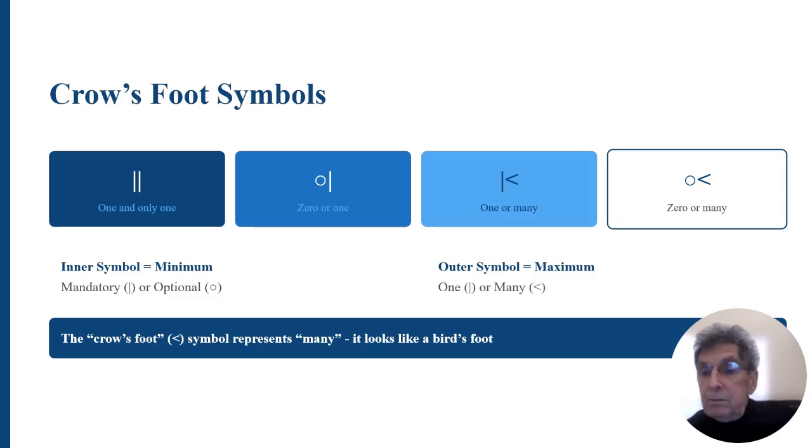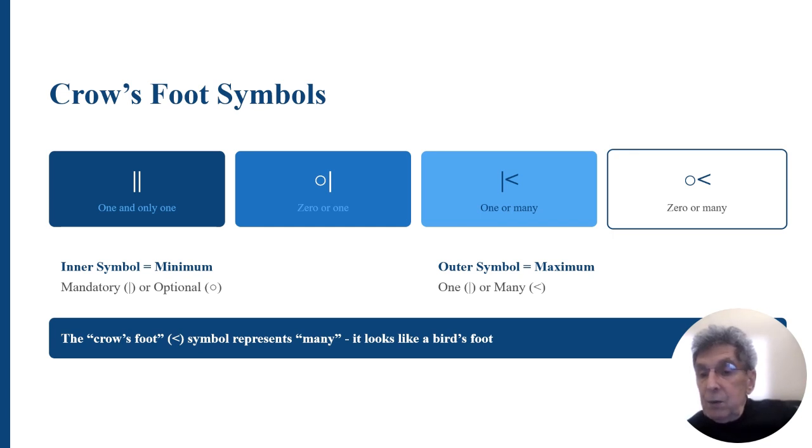Line and crow's foot has the vertical bar and a less than sign: 1 or many, minimum 1, required, maximum many, mandatory multiple. The circle and crow's foot, the O and a less than sign: 0 or many, minimum 0, maximum many, optional multiple.